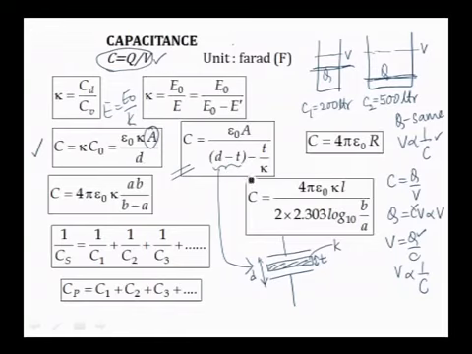This way it is easy to remember, instead of taking t as a common factor. d minus t is the space without the dielectric, that is this plus this. d minus t is the remaining space, t is the size of the dielectric. So the remaining space plus t by K is what comes in the denominator. And obviously if you fill the dielectric fully, then d minus t will be 0, t becomes equal to d, and you get back the earlier equation. That is the way you can remember it.